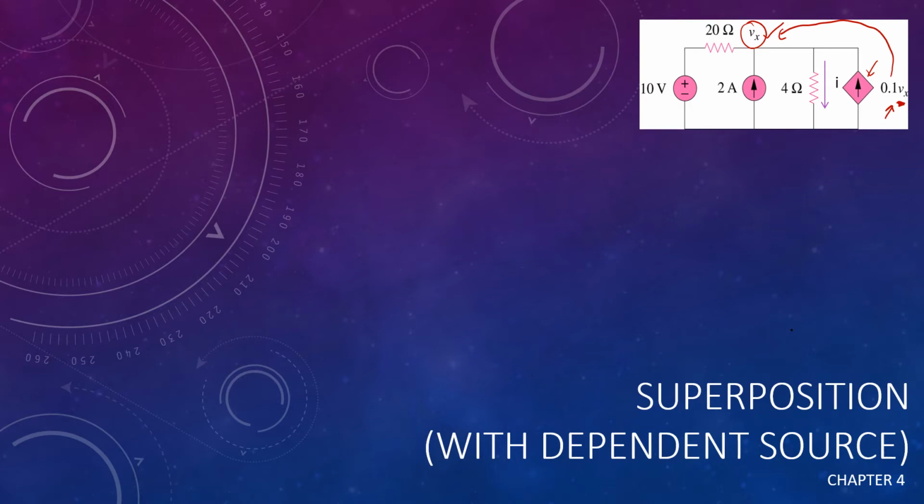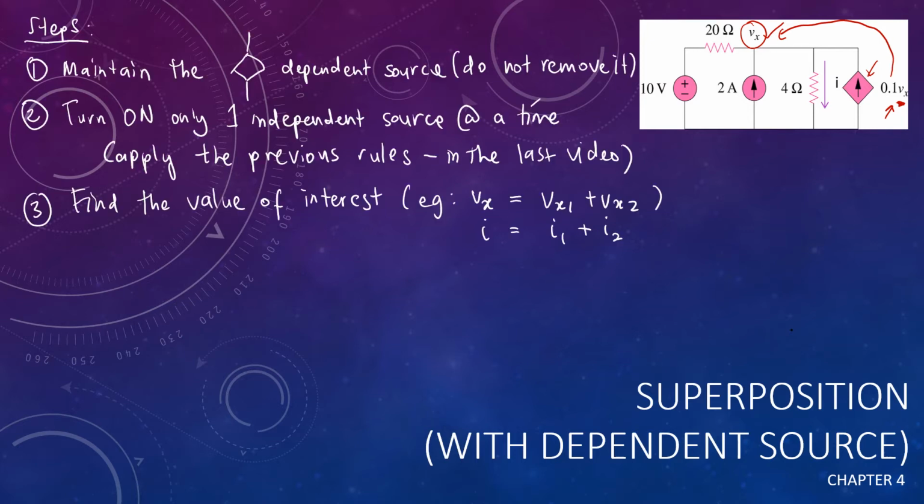So what are the steps? First, maintain the dependent source and do not remove it. Second, turn on only one independent source at a time, applying the rules from the last video. Third, find the value of interest.